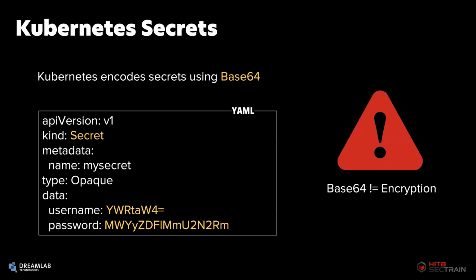Because, for example, Swarm, which is the official Docker orchestrator, actually uses encryption for secrets, but Kubernetes doesn't. When you create a secret in Kubernetes, you have to encode it in base 64, and that's not encryption. It's codification, so you can get the plain text of this with any base 64 decoder.